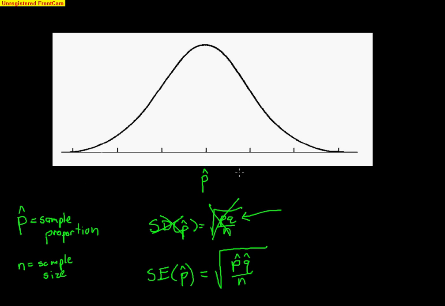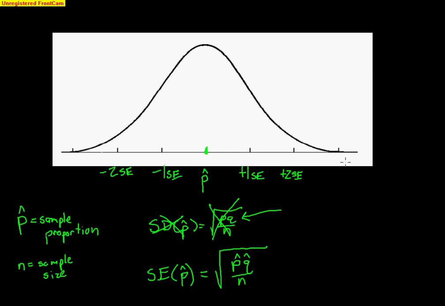So anyway, we can go up 1 standard error, 2 standard errors, and we can go down 1 standard error and 2 standard errors as well. Now this creates a normal model that's not for p, it's for my proportion. But what I can learn from this is that if my p-hat is falling here in the middle, I know the truth has to be near it somewhere.